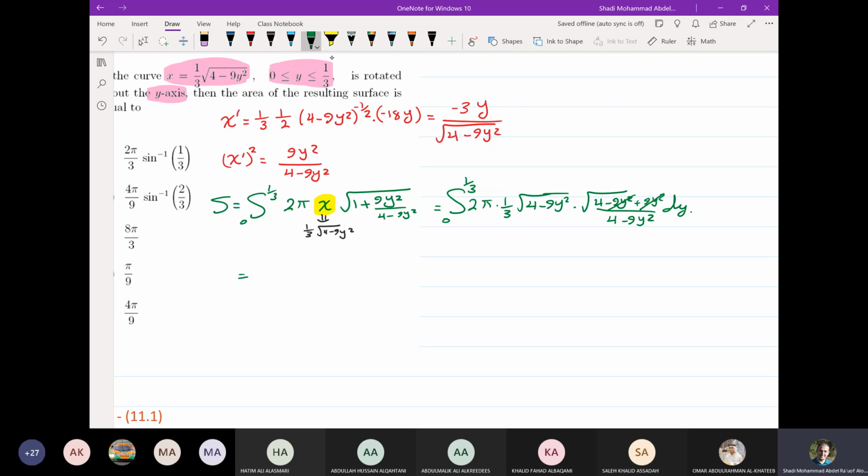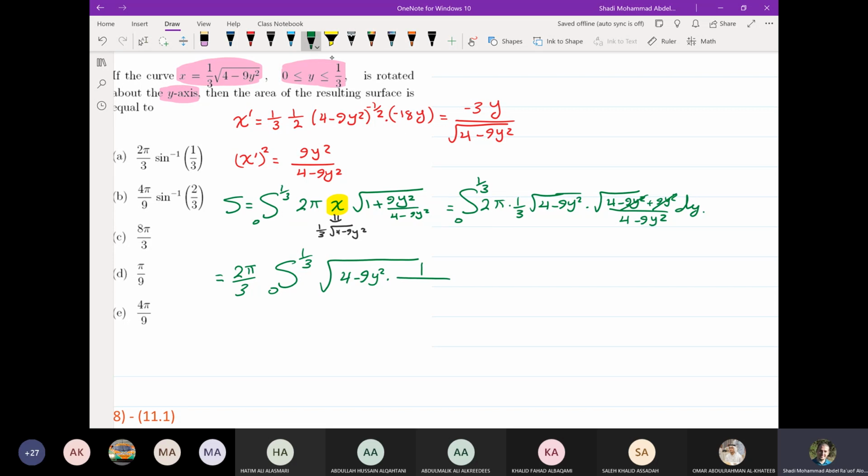So we will have the integral from 0 to 1 over 3. Take all the constants outside to make it easier. So it will be 2 pi over 3. And again, to explain everything, this is the first root, and the second root, you multiply it by what? 1 over 4 minus 9y squared.